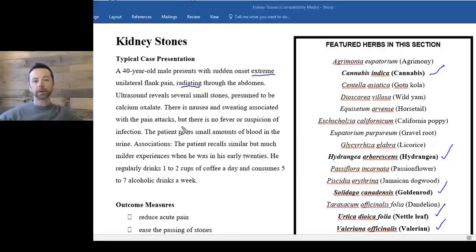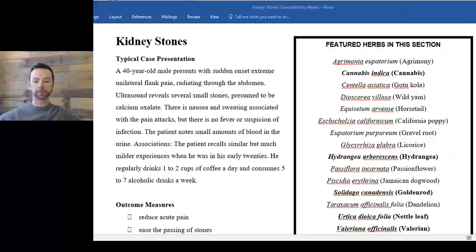We'll talk about that. Or do you want to simply get through the pain? We'll get into pain, and that's why, if you noted over here, the first herb, although these are in alphabetical order, that was actually on our featured herbs in this section is indeed cannabis, obviously for its analgesic properties in this case.